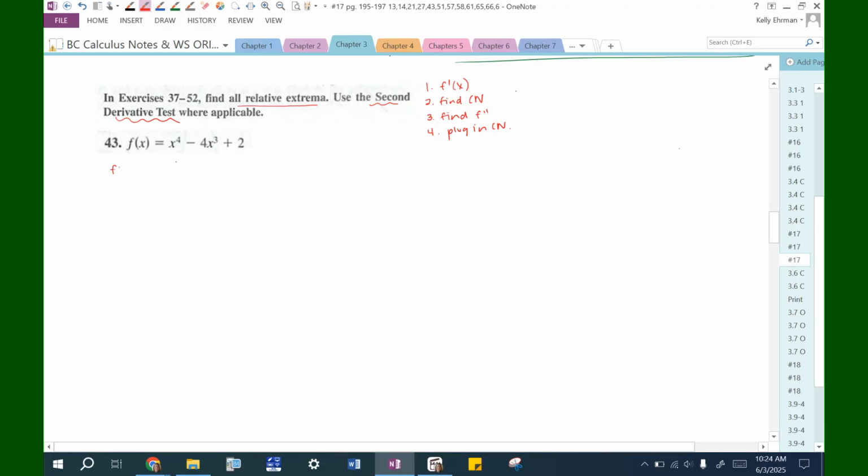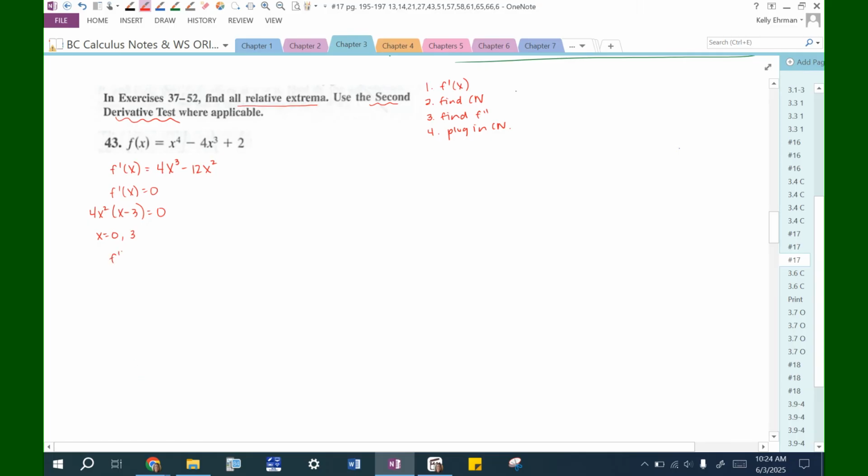All right, so f prime of x is equal to 4x cubed minus 12x squared plus 0. Find the critical numbers, so set f prime of x equal to 0. That's when I can factor out a 4x squared, and I get x minus 3. So the critical numbers are 0 and 3.